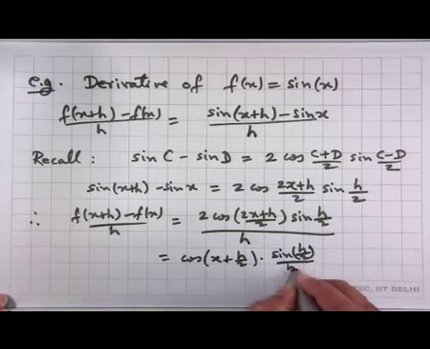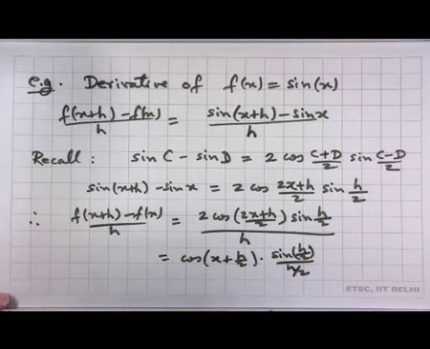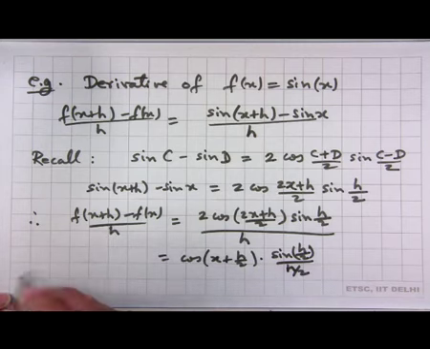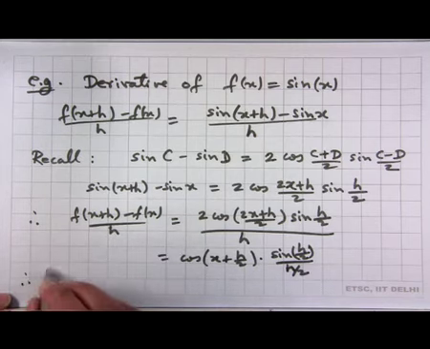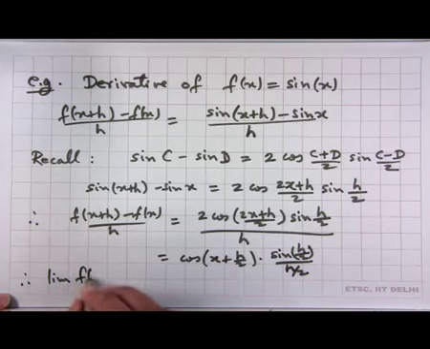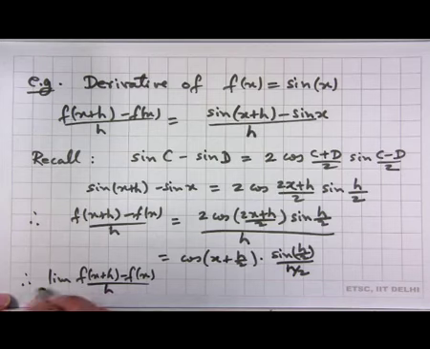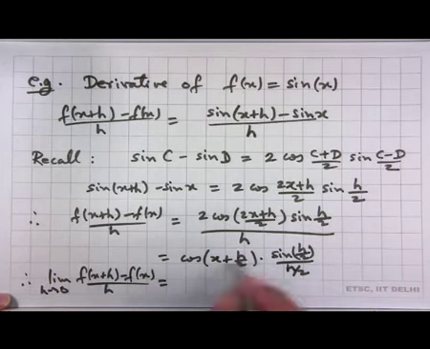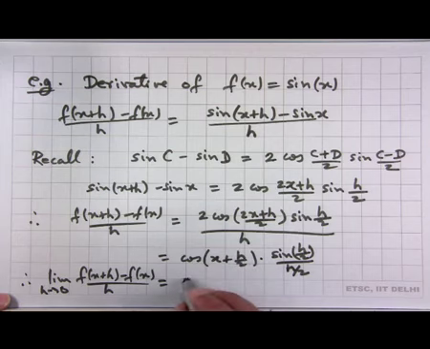divided by h by 2, and now remember that the limit as h goes to 0 of sin h by h is 1. So, therefore, the limit of f x plus h minus f x by h, and the first term cos x plus h by 2, this goes to cos of x times 1.